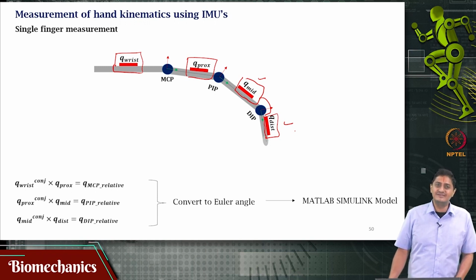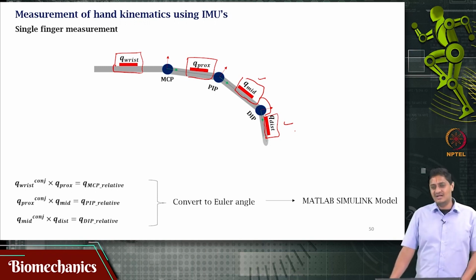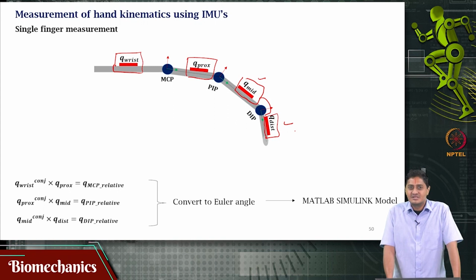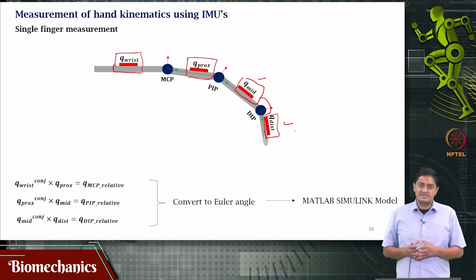This will give you the relative angle, and it is unlikely that the relative angle, even in Euler angle terms, in the human body, the relative angle between specific joints, or at least in the fingers, may cross these constraints. So, it might be better to avoid facing these problems. It may be better to use relative measurements between segments.